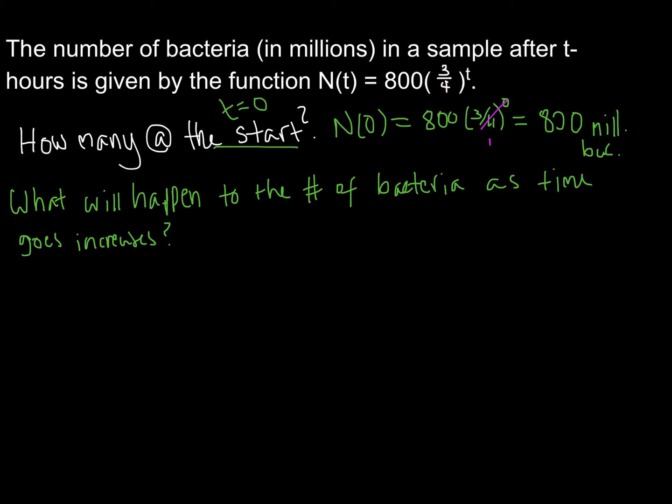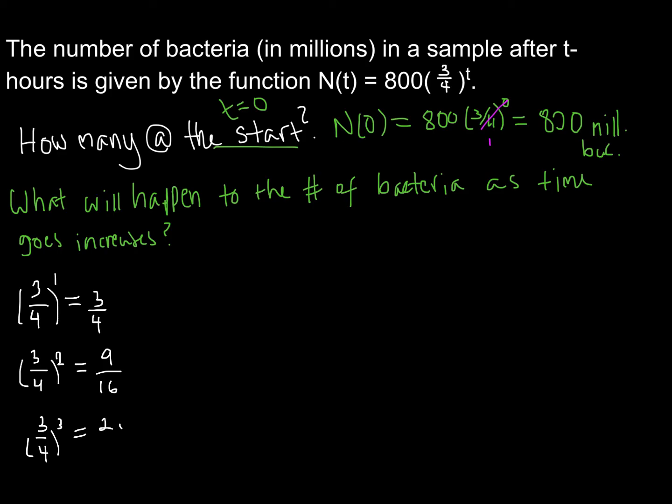Well, what happens when I multiply 3/4 by itself increasing numbers of times? 3/4, for example, to the first power, that's 3/4. 3/4 squared, well, now I'm multiplying the top and the bottom by themselves, so I'm going to have 9/16. 3/4 cubed, I have 27/64.